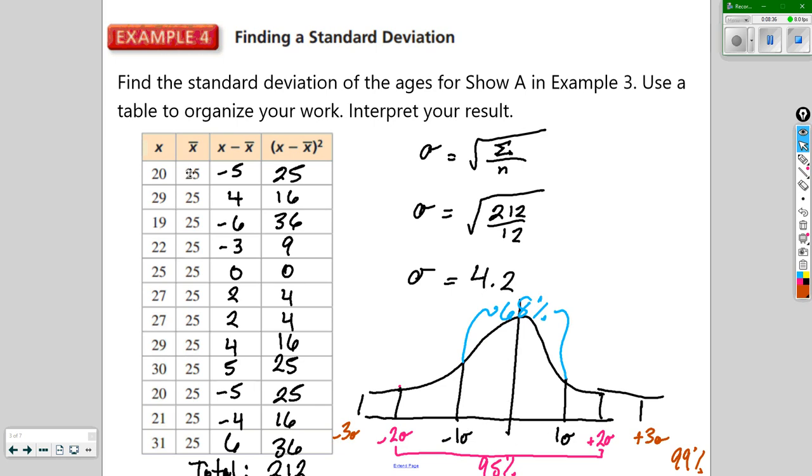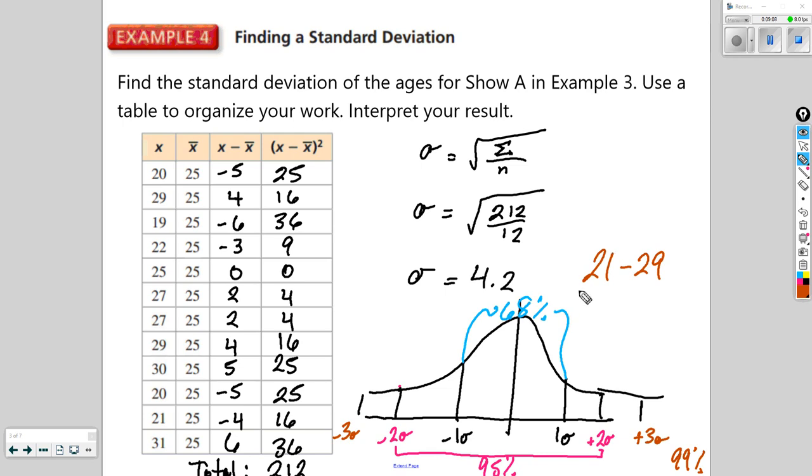The mean is 25 years, so if we subtract 4.2 from the mean, we would get about 21. I'm just going to use integers here. And if we go one standard deviation beyond the mean, we'd get about 29. So basically 68% of the population is between 21 and 29 on this show.